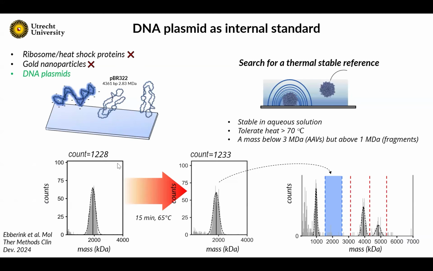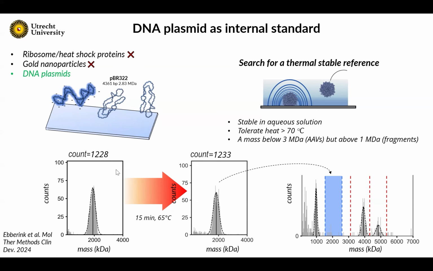So that is nice. And then, of course, we wanted to measure our DNA plasmid and heat it up as well. So here we have a measurement of our plasmid, analyzed for the mass value. It's about 1.9 megadalton, which is not really what we expect from the theoretical value, which is about 2.8.